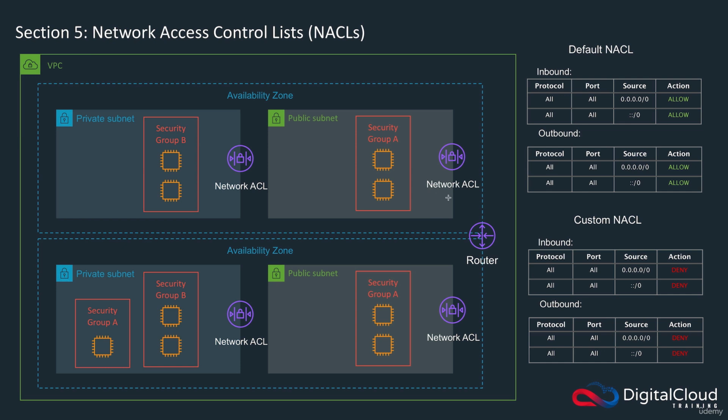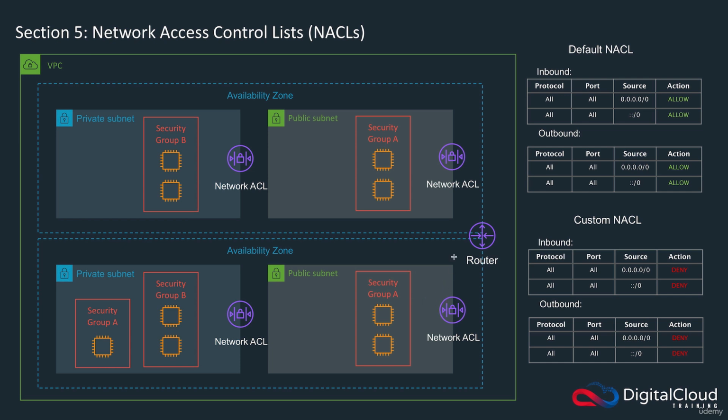A network ACL functions as a firewall at the subnet level. It's actually hosted on the VPC router, so you remember that we have a VPC router which is responsible for routing traffic between our subnets. So any traffic that leaves one subnet goes through the VPC router before it goes into another subnet.